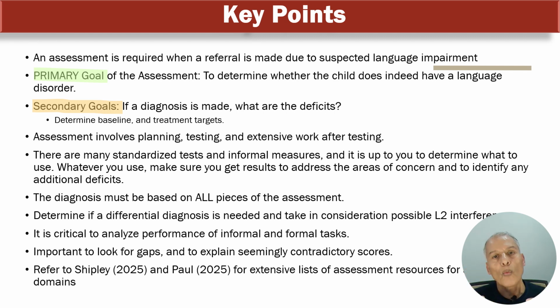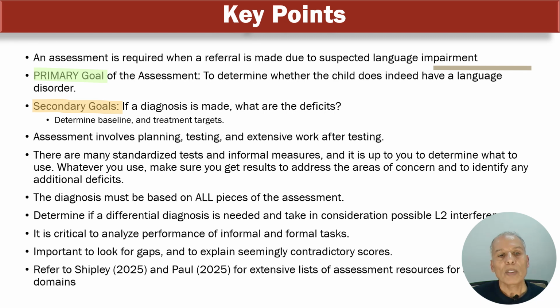And also, what is the baseline, the basic level of these skills that the person has? Because we are looking now for recommendations for treatment, and we need to know where we start, and to go back to the baseline always and say, this is where he was, and this is where he is now with the help I have given him. And also, treatment targets: the areas of deficit that you identify, each one is going to be a treatment goal.